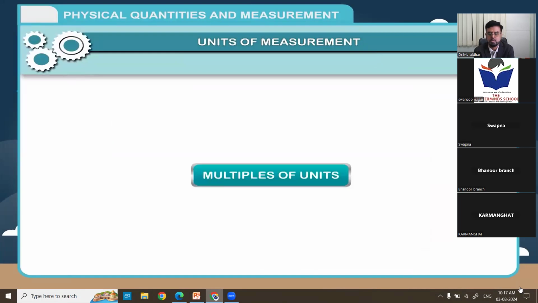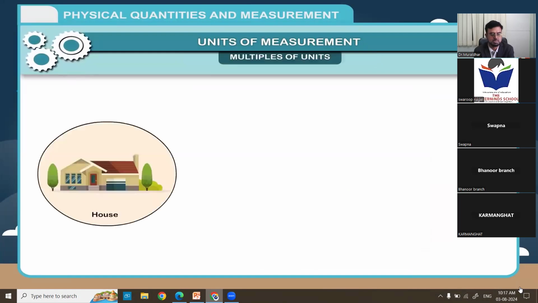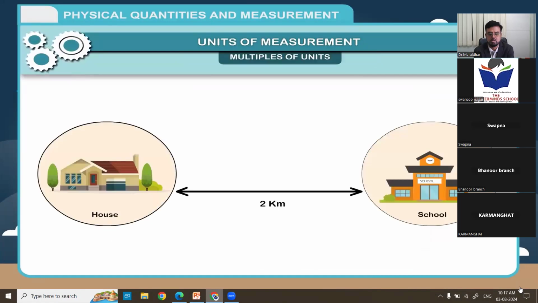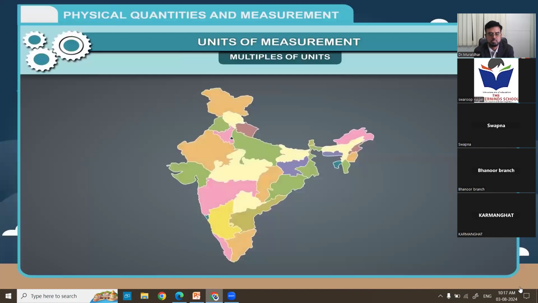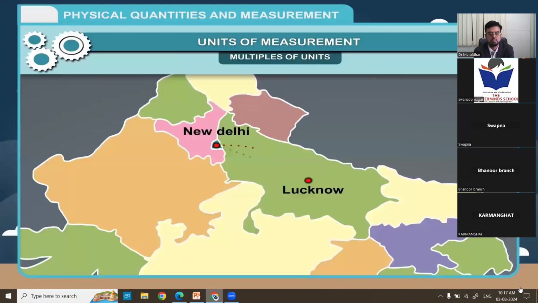Multiples of units. Multiples are the factors used to create larger forms of units. For measuring long distances of length, meter and centimeter are not convenient. For example, the distance between Delhi and Lucknow is approximately 5 lakh meters, which is inconvenient to use.